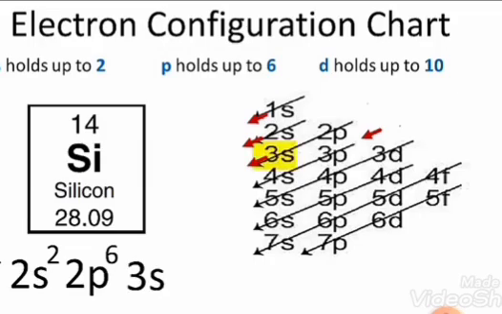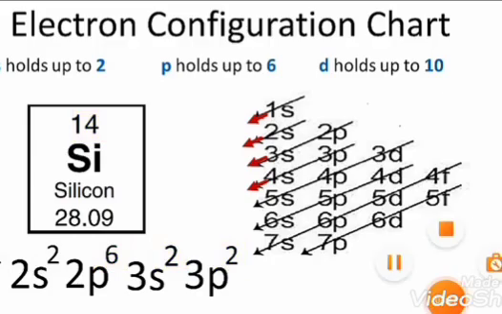S orbitals hold up to 2. Let's put 2 in there, we have 12. And then we go on to the fourth row, where we go to the 3p orbital. P orbitals hold up to 6, but we only need to put 2 there. That gives us a total of 14 for silicon. 2 plus 2 plus 6 plus 2 plus 2. That equals 14, and this is the electron configuration for silicon. This is Dr. B, and thanks for watching.